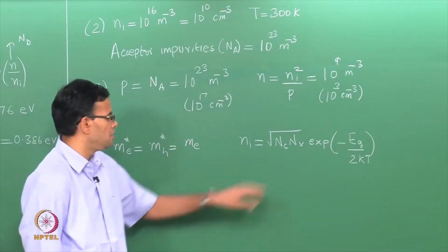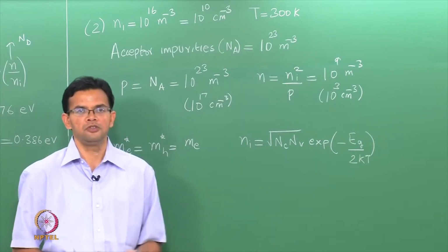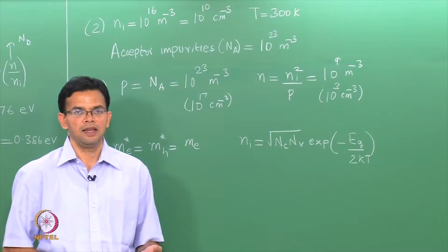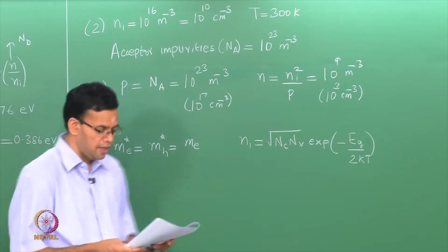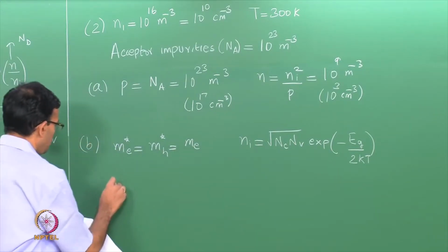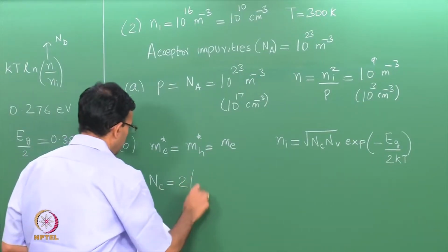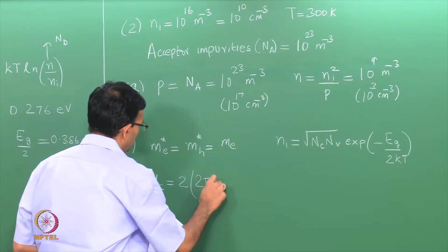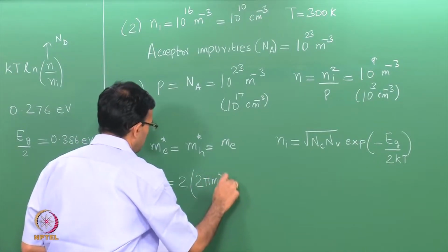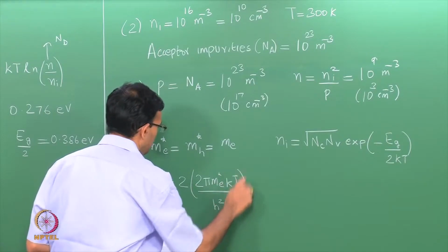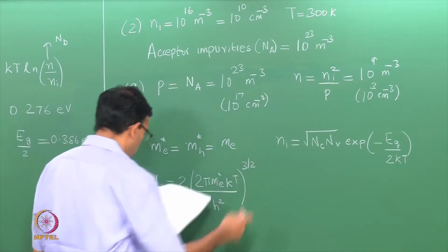The thing here is we are not given the values of Nc and Nv, but these can be calculated from the mass of the electrons and holes. So, Nc is nothing but 2 times 2 pi Me star kT over h square whole power 3 over 2.